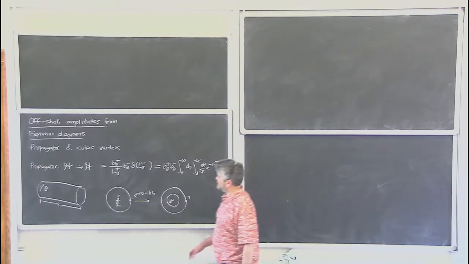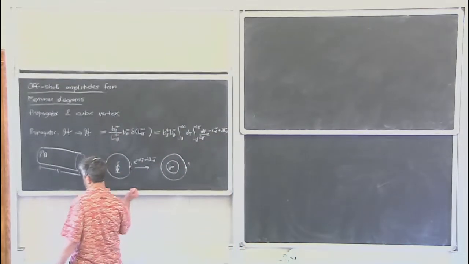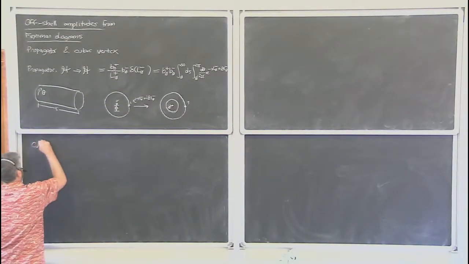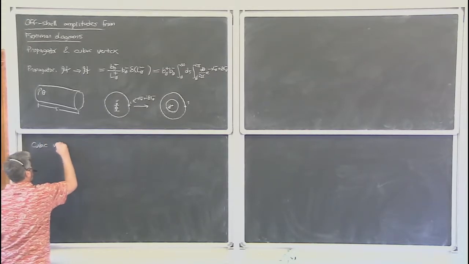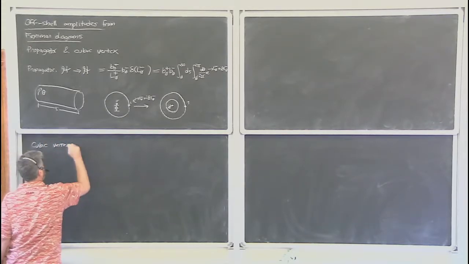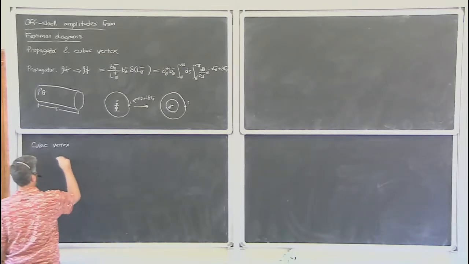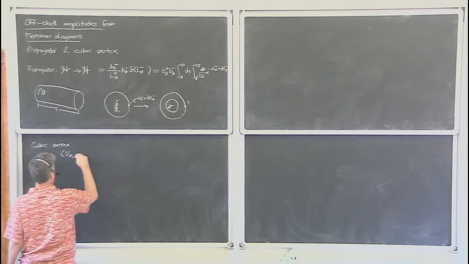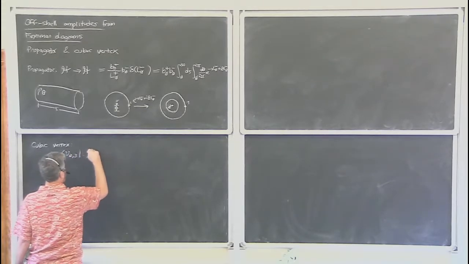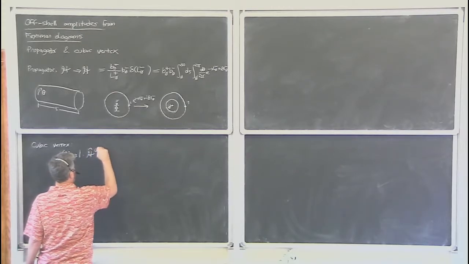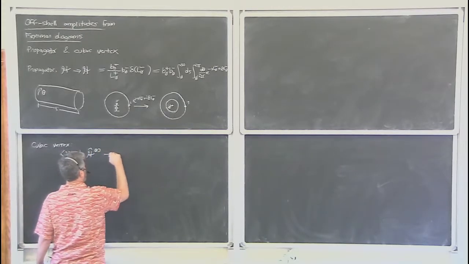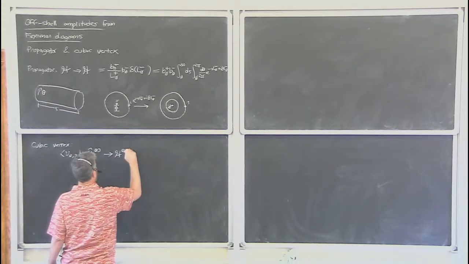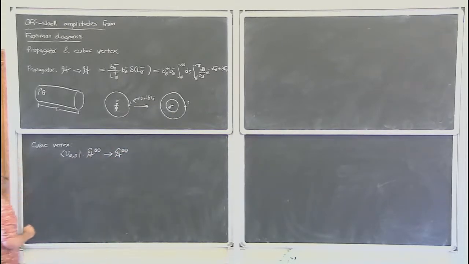So now let's talk about the cubic vertex. The cubic vertex will be a map, which we will write as V03, which takes 3 copies of the state space into 0 copies. So it's basically a coupling of 3 states. Okay.